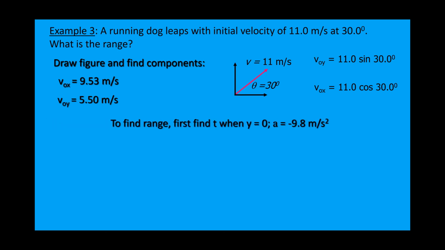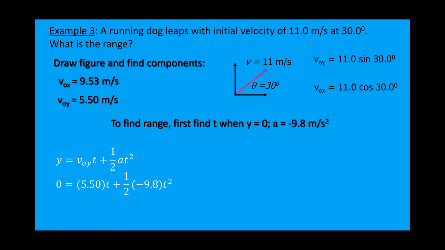We know that y is going to be 0 at the peak. We know that the acceleration is negative 9.8. We know the displacement is vertically going to be 0 because it leaves from the ground and comes back to the ground. Here we're just showing the use of the second one.